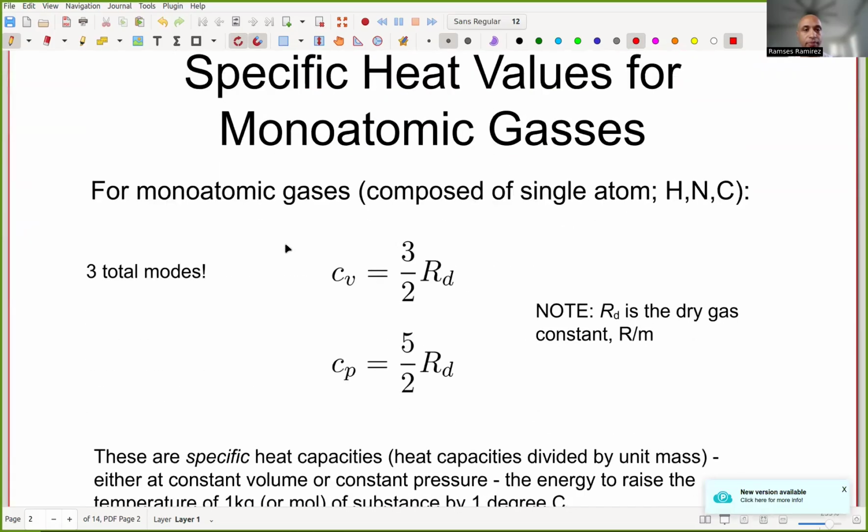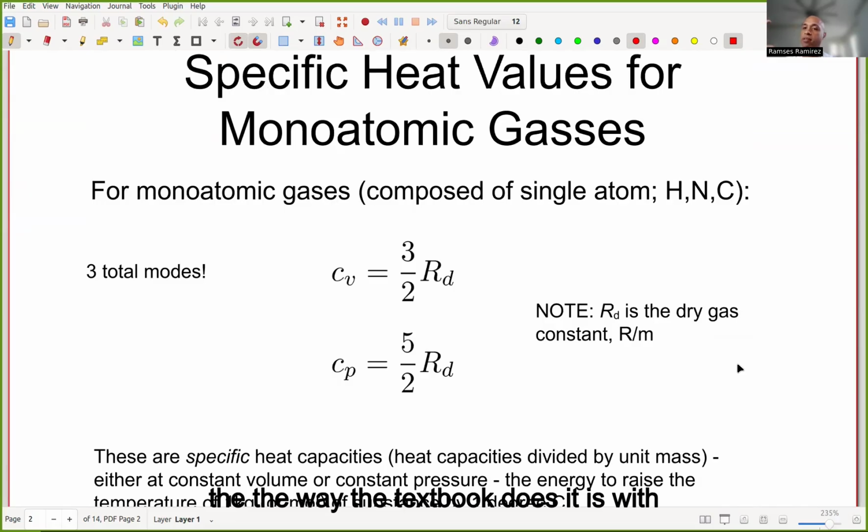So now your text talks about heat capacity, right? And that's a very good concept. The way the textbook does it is with a capital C, right? But there's also something called specific heat capacity, and that's done with a lowercase c. And that's just taking the heat capacity and dividing by the mass, right?